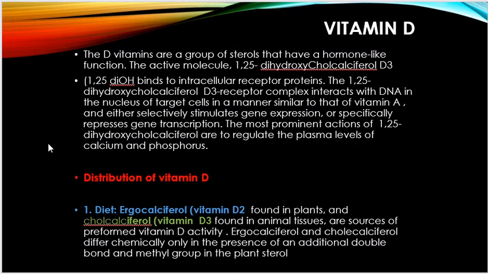The 1,25-dihydroxycholecalciferol D3 receptor complex interacts with the DNA in the nucleus of the target cells in a manner similar to that of vitamin A, and either selectively stimulates gene expression or specifically represses gene transcription. The most prominent action of 1,25-dihydroxycholecalciferol is to regulate the plasma levels of calcium and phosphorus.